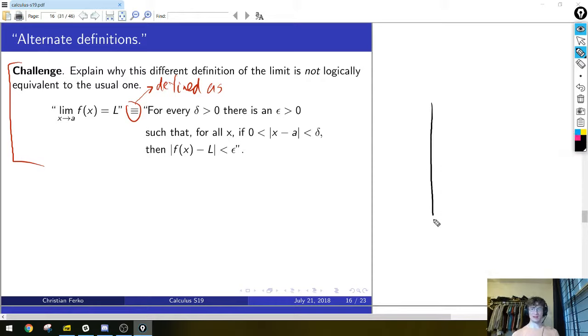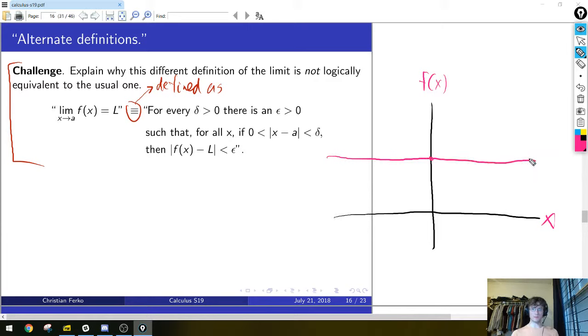So I will ask you to think of an example of a function where the limit, as we usually think of it, does exist, but with this new definition it would not exist, because the definition is just wrong. The hint is to think of a constant function. So if f of x is always equal to some number a, or, I don't know, 1.